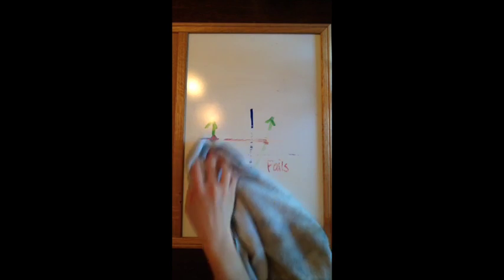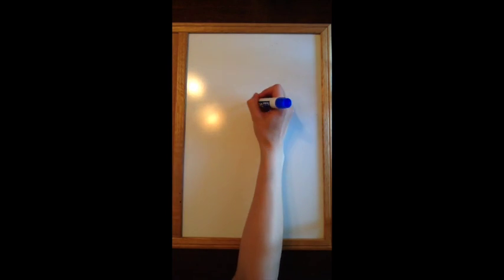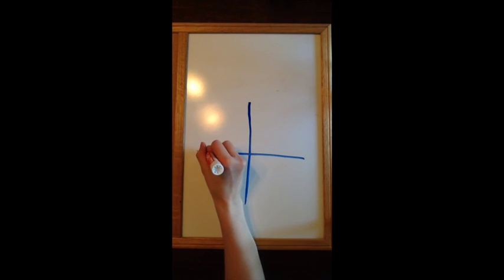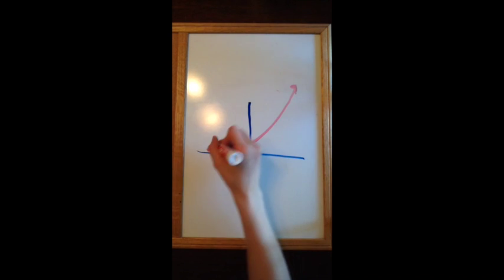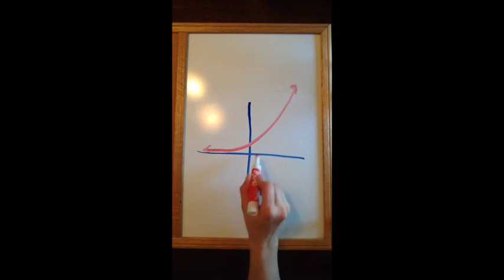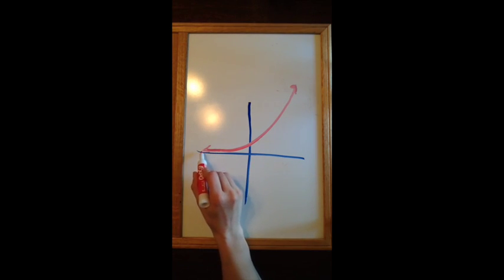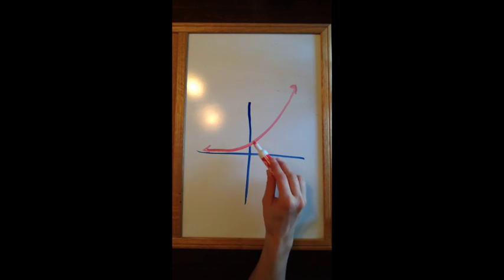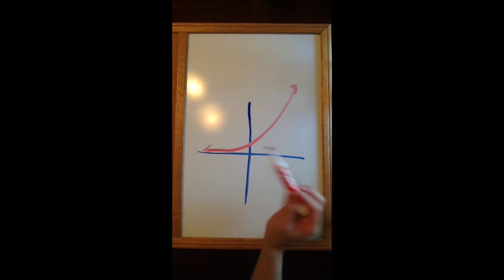So if I were to give you an exponential graph, remember with exponential graphs that even though it looks like it's going along the same lines, it's getting a little bit closer to the x-axis, closer and closer until it's so insanely close that it appears as if it's on the x-axis.